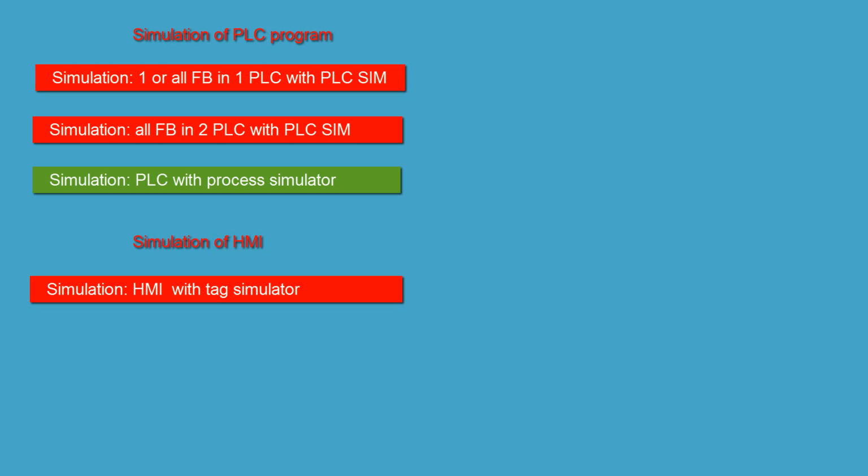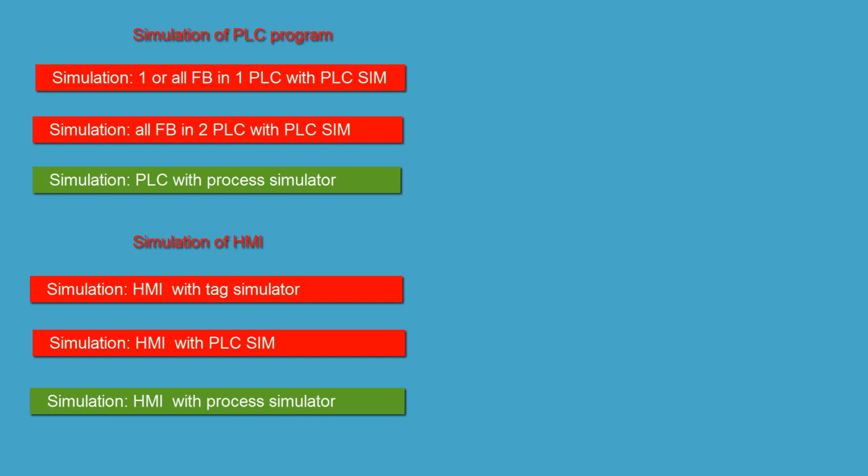The texts are inside the list. The simulation of HMI with PLCSIM is possible, but you need the PLC program. The simulation of HMI with process simulator is very comfortable, but the process simulator is expensive.